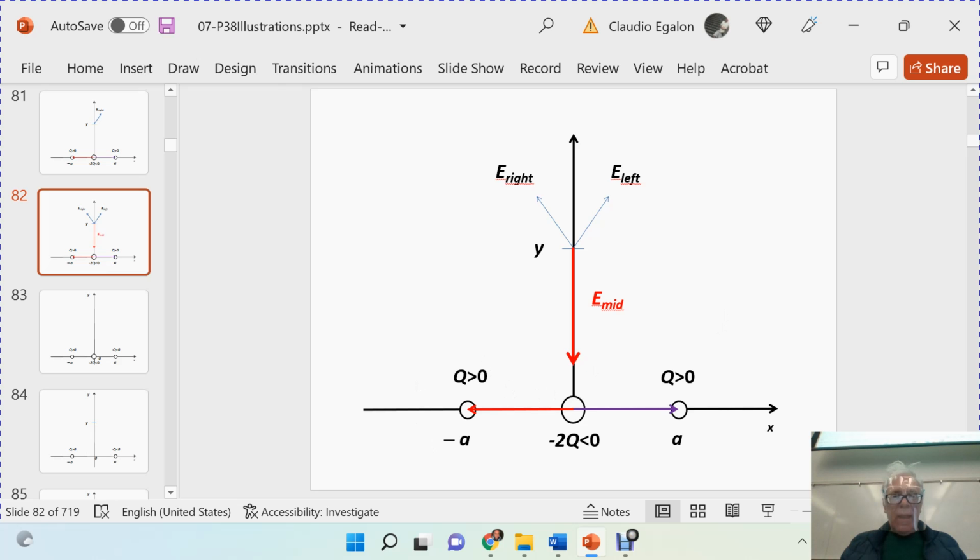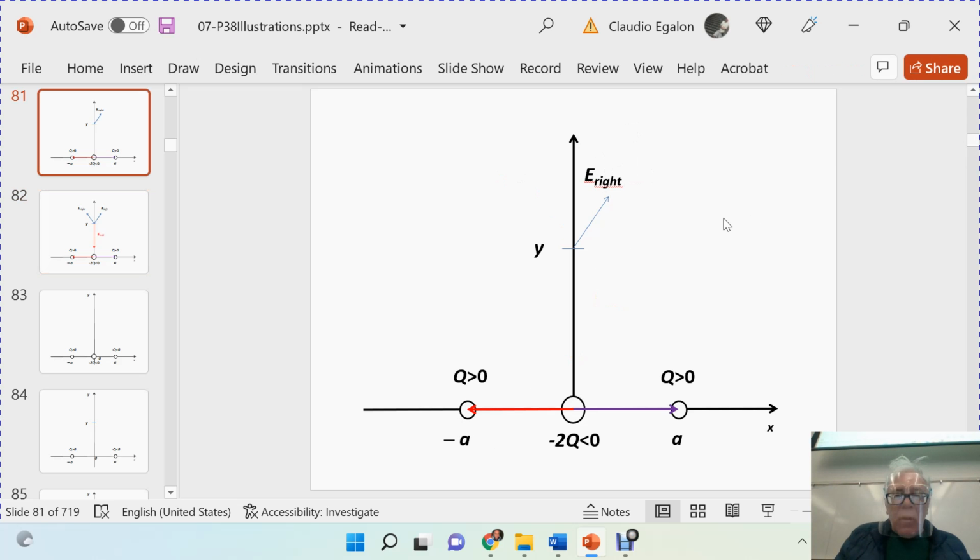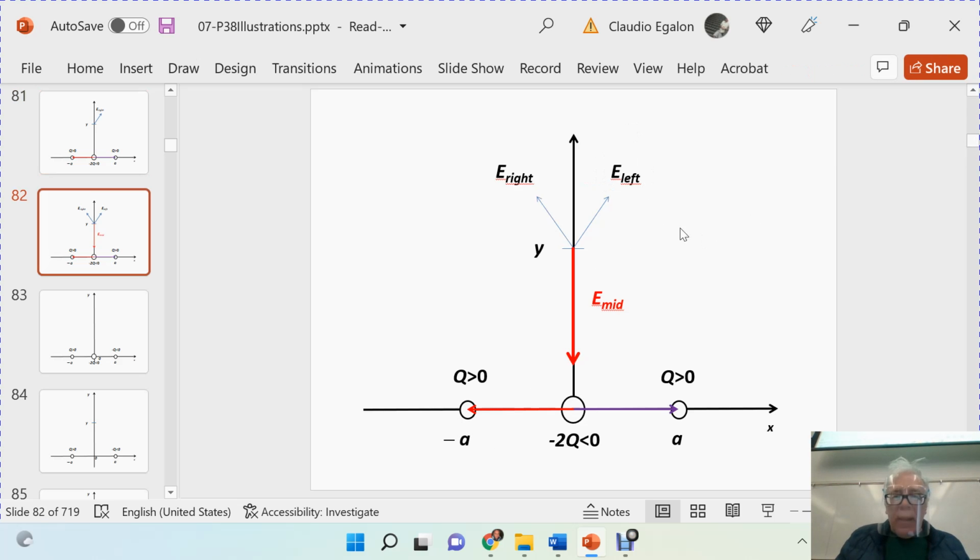Here's the left, right? Yeah, that's the right charge, the charge on the right. The E left is the electric field of the left charge. Oh, yeah, this one here needs to be relabeled.